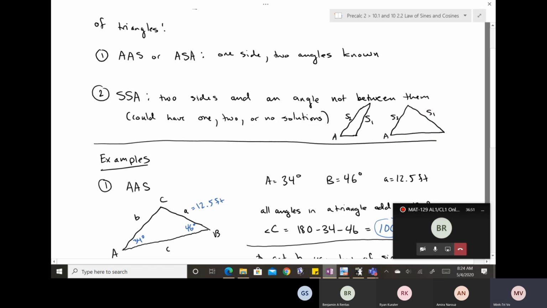And so the unknown sides can be different in these two triangles.